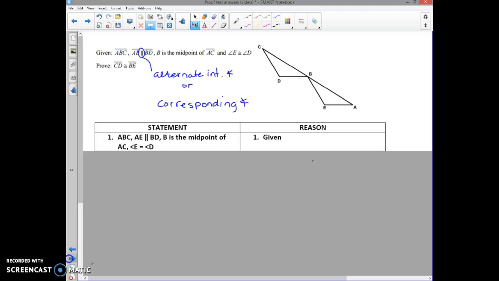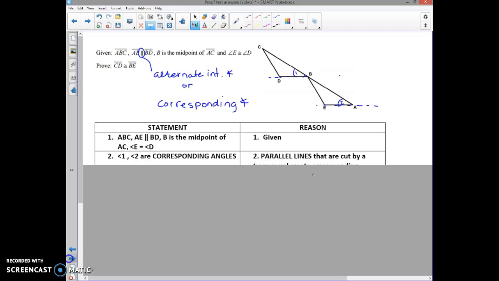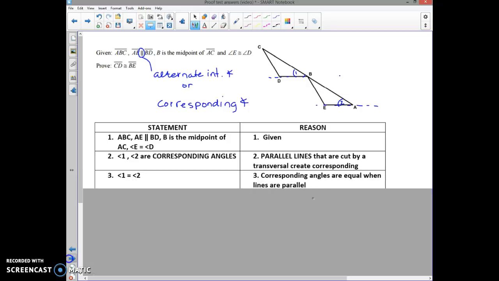When you see parallel lines, this is a little bit challenging to see, but if this line is parallel to this line, these two angles right here are corresponding angles. So angle 1 and angle 2 are in fact corresponding because that's what parallel lines that are cut by a transversal create. And then corresponding angles are in fact equal when the lines are parallel. Very important for you to write down.